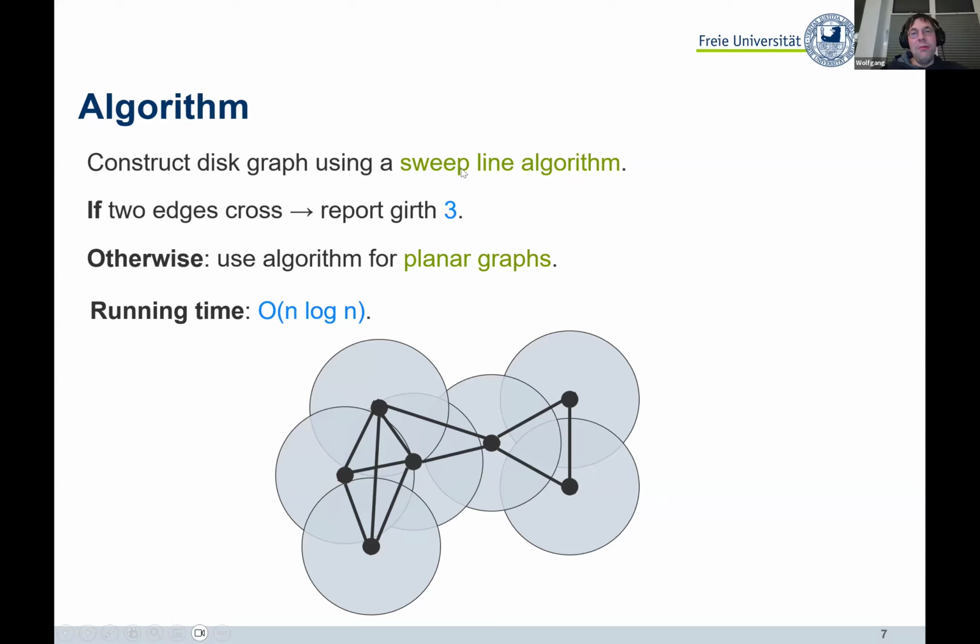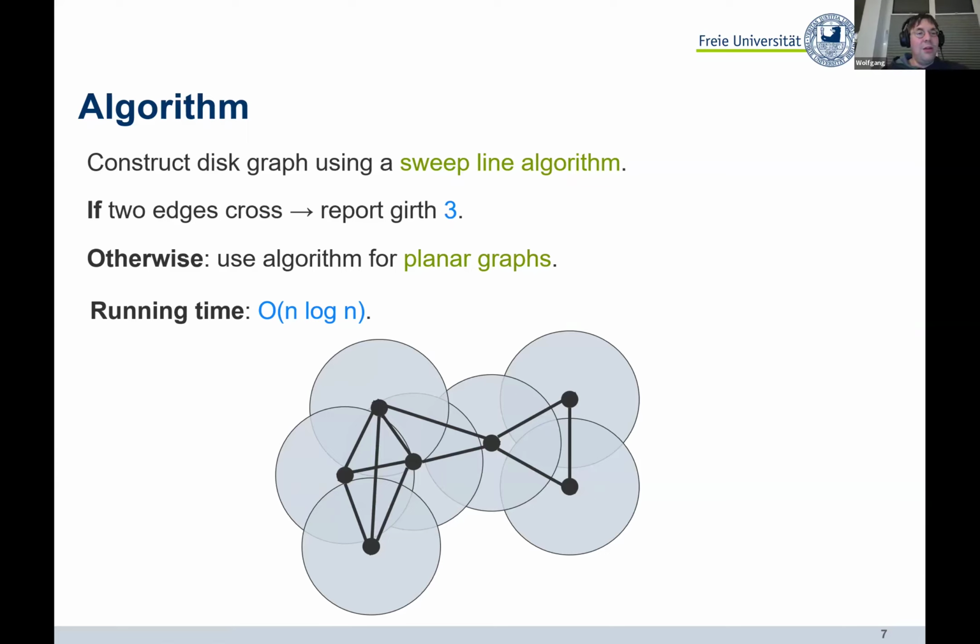So the running time is dominated by the sweep-line algorithm. The main operation that you need is to sort the points from left to right and to maintain a sorted order, like a tree on the points.